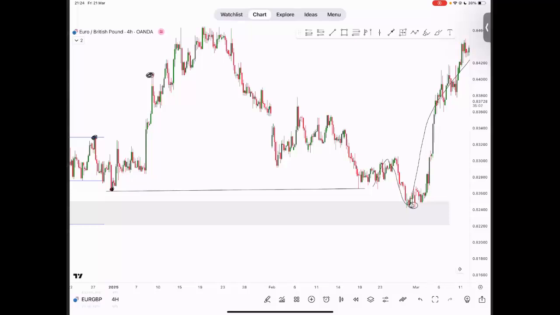So having a form of imbalance before your entry gives you a higher confidence that the price is going to come to that entry. In an attempt to fill the imbalance, it is going to mitigate your entry. And that is why you see people add imbalance as criteria before their entries.